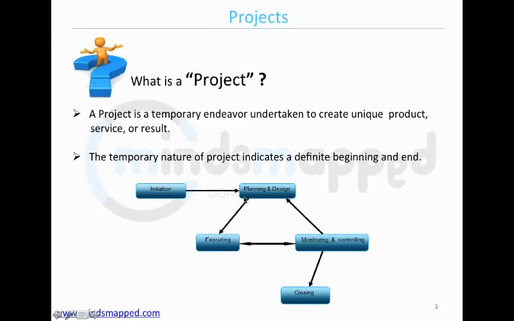From initiation, we go to planning and design, which is how you would go about a project. How would you design the whole thing? If you take the training example, your planning and design would be when you did some analysis of the training components, or Googled the different training programs available online or in the classroom.